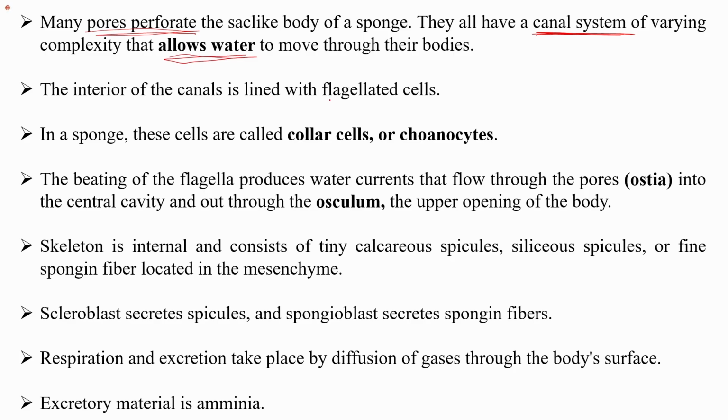The interior of the canal is lined with flagellated cells that also help in filtering. In a sponge, these cells are called collar cells or choanocytes. Suppose this is a sponge. On the inner lining, we have flagellated cells, like this.